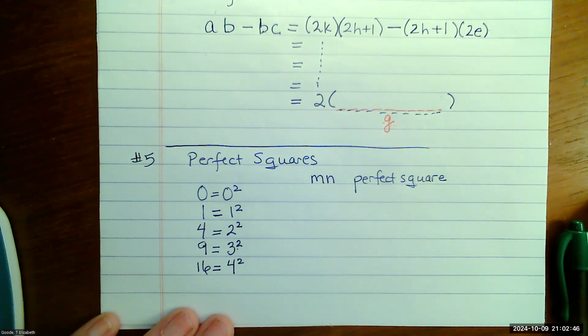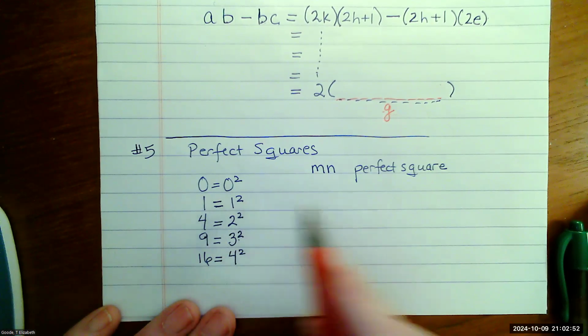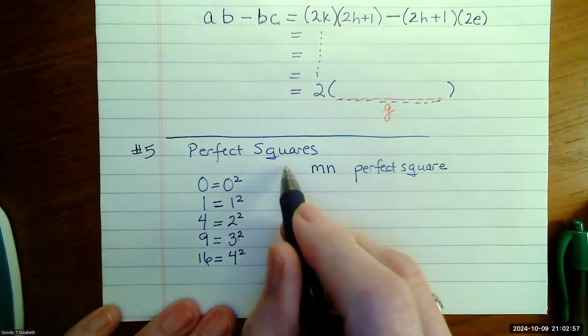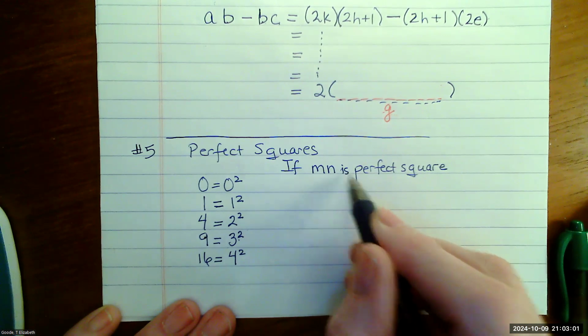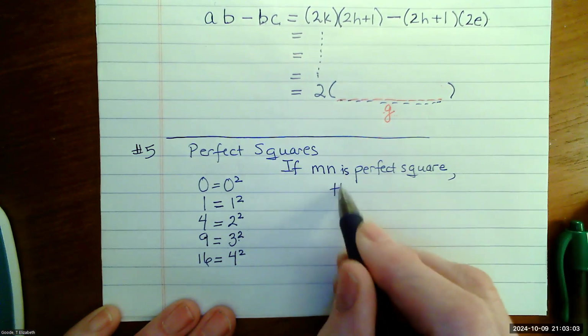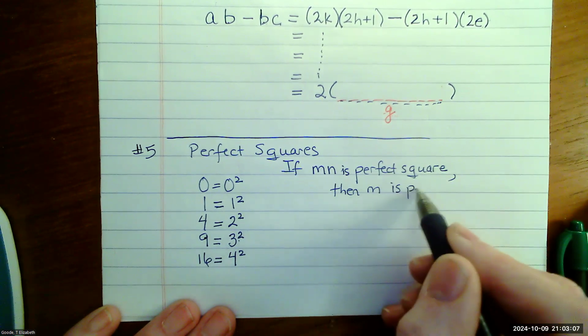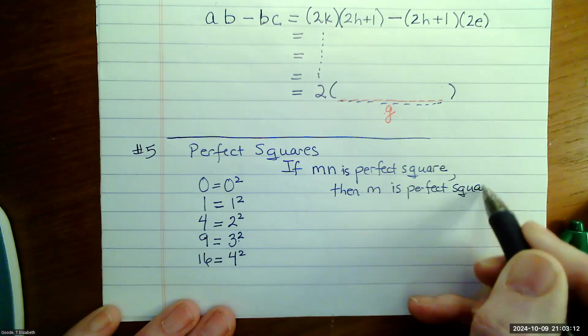And here we might want to... 1 and 0 aren't going to help us because 1 is going to be a perfect square, and 0. But it says if mn is a perfect square, then the claim is that m is a perfect square and n is a perfect square, right?